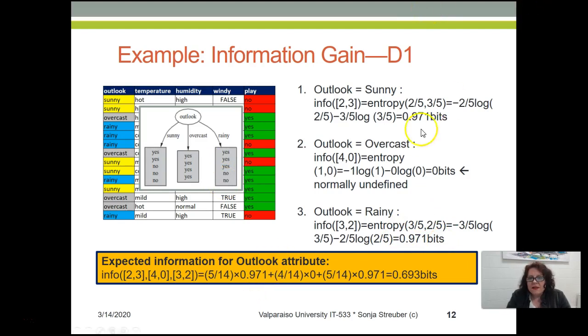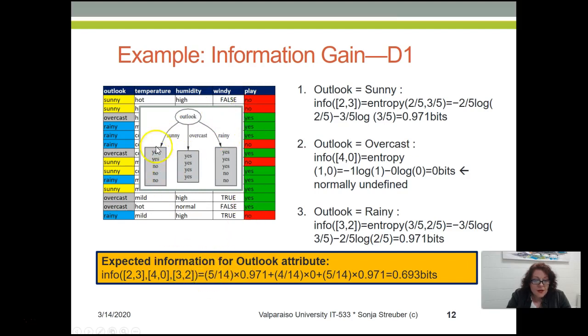So now that we have calculated the information value for each of our settings of the outlook attribute, we can pull all that together and calculate the overall information value for the outlook attribute. Here's how we do that. The information value for the outlook attribute is the information for sunny plus the information for overcast plus the information for rainy. In order to do that, we're going to have to multiply each of our individual information values with the weight of that setting.